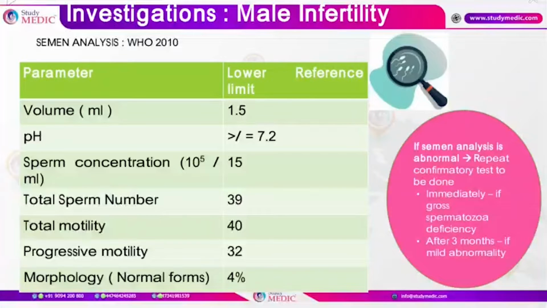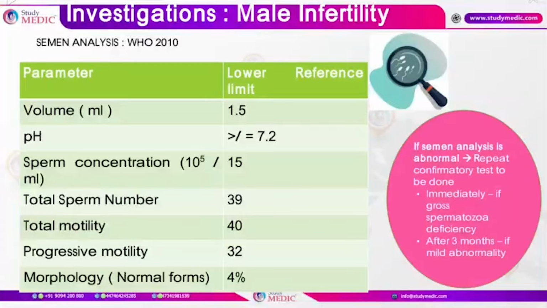Let's talk about the investigation of male infertility. We know that the WHO came up with newer criteria for semen analysis in 2021, the WHO 6th manual. But in the NICE guideline, the older version of the manual is still persistent. The new WHO manual has not yet been implemented into the guidelines.